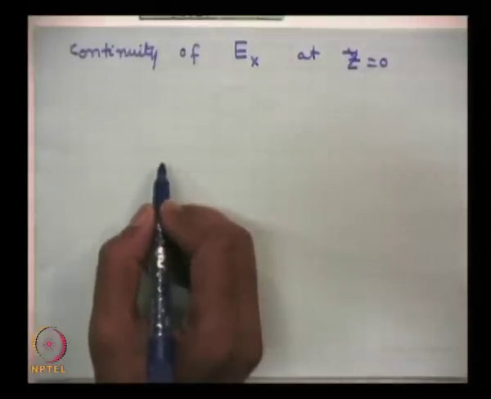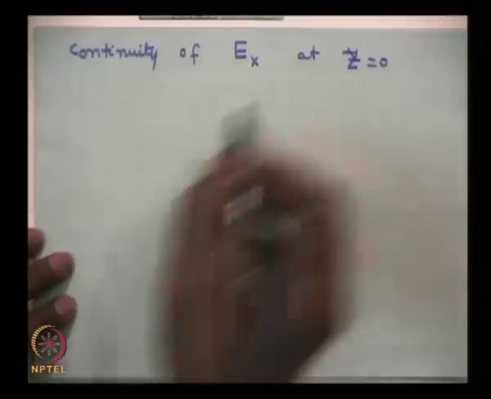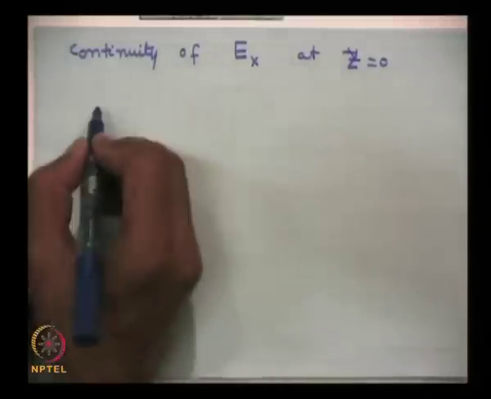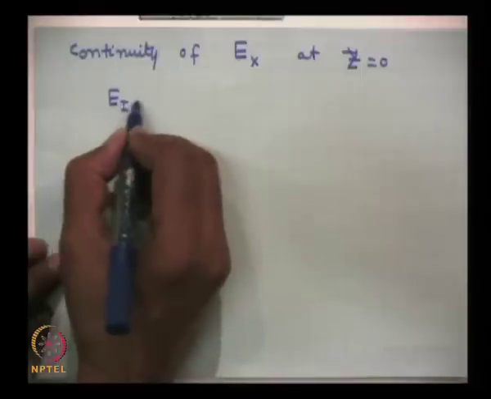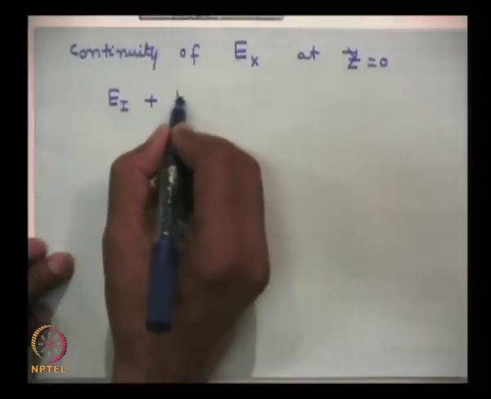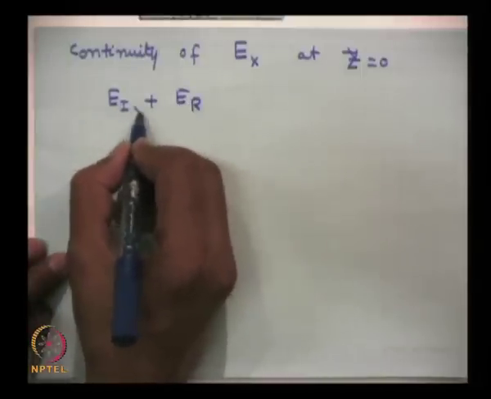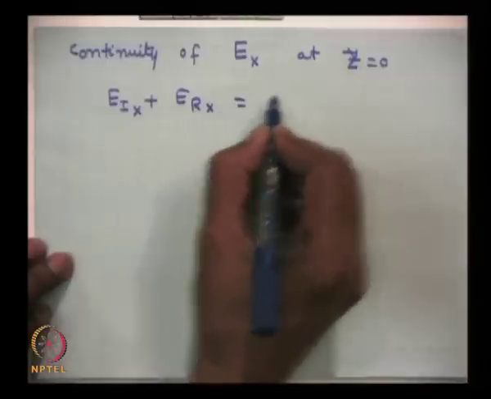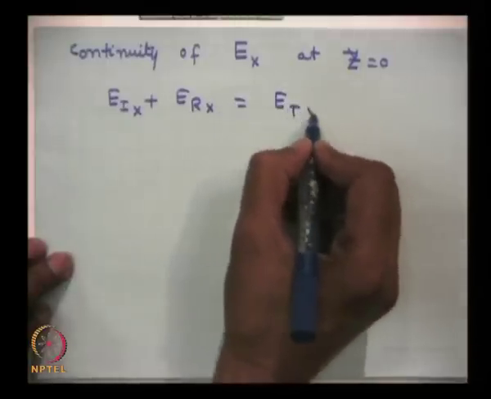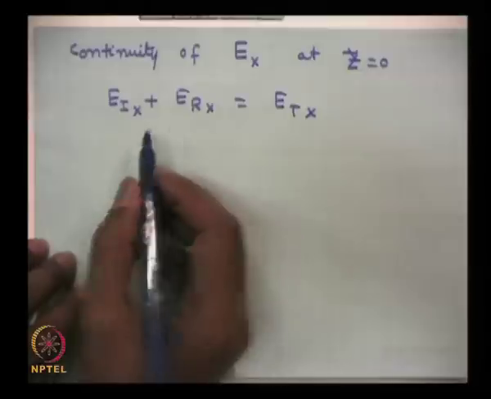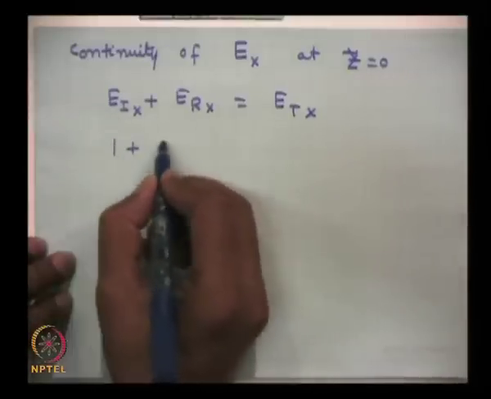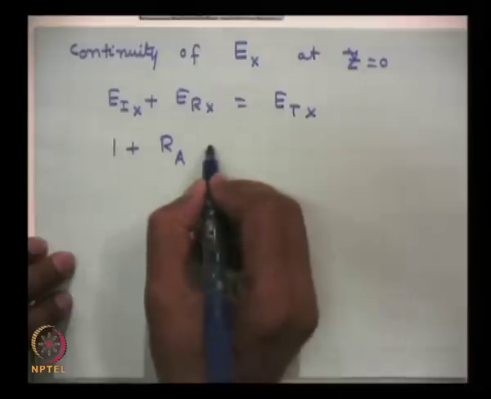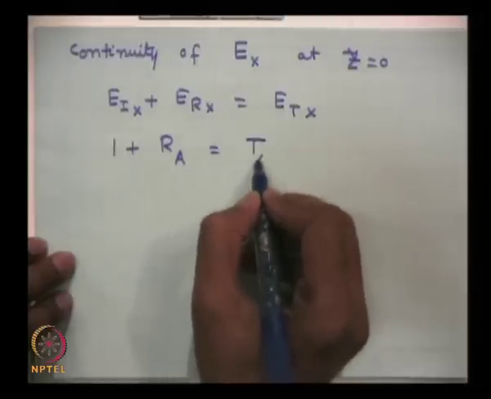In these expressions put z equal to 0, and so on the left hand side the field is the incident field plus the reflected field, the x component of this should be equal to the x component of the transmitted field at z equal to 0. So this gives me 1 plus Ra is equal to Ta.